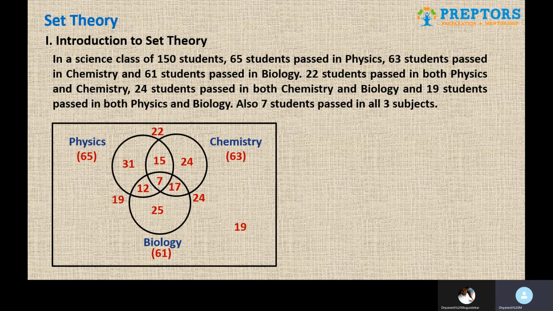And when you add all the values in the circles, you get the total to be 131. So out of 150 students, 131 students have passed in at least one subject. That means there are 19 such students out of 150 who have not passed in any of the 3 subjects, and hence we have written it outside the diagram.